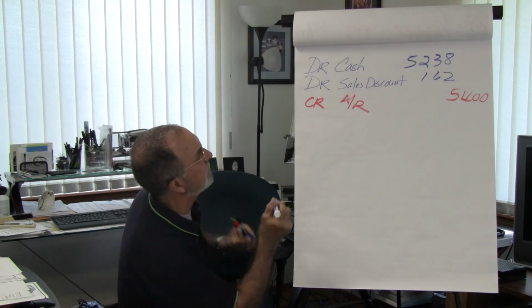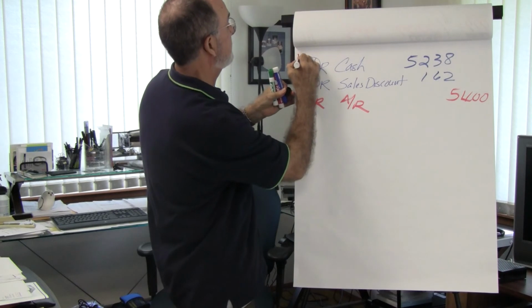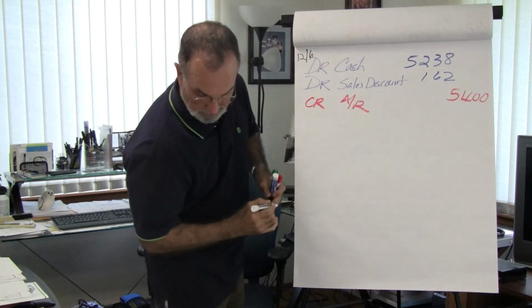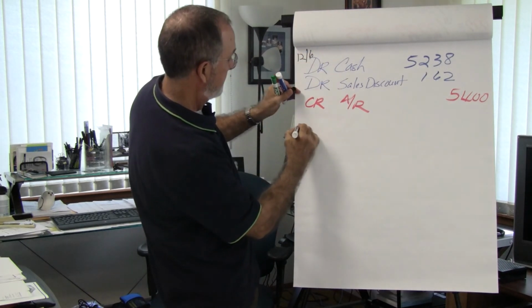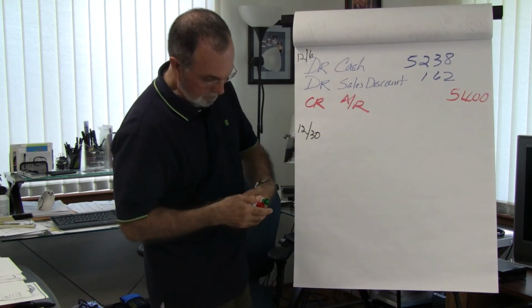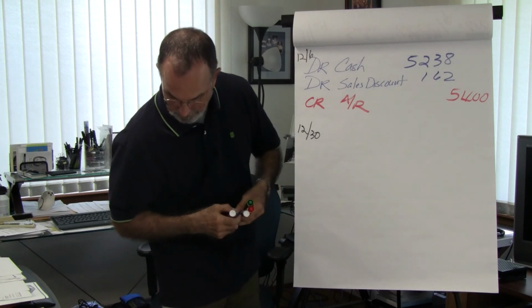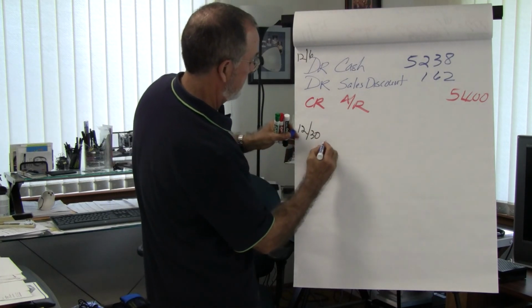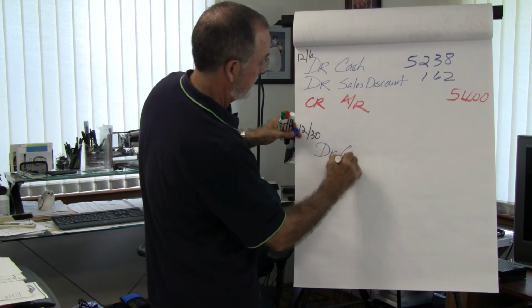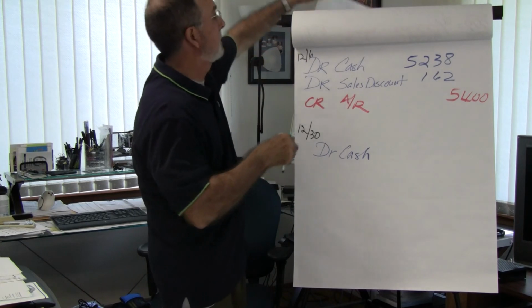And so I need to show the date here. This was on the 6th. And then the last transaction is on the 30th. And so that account balance for Vasco Athletics is the full amount of $4,000.